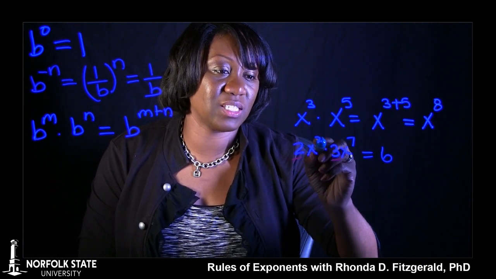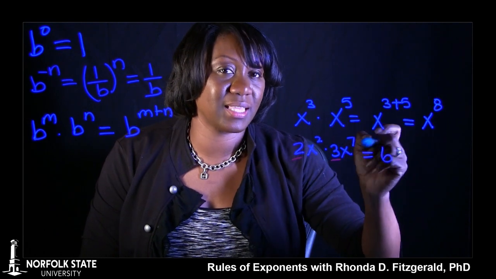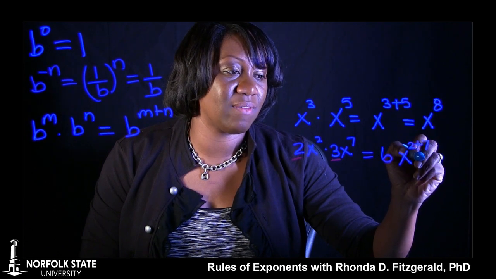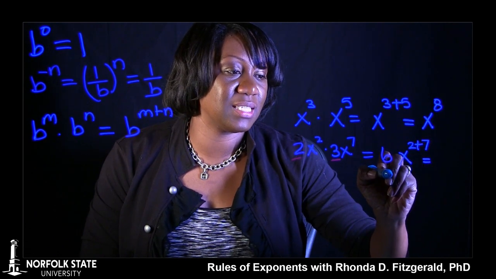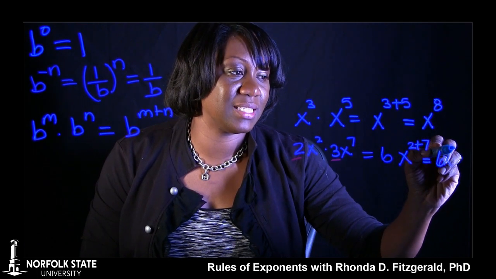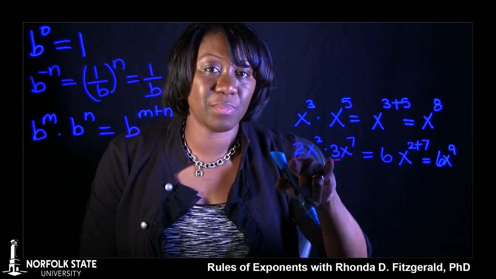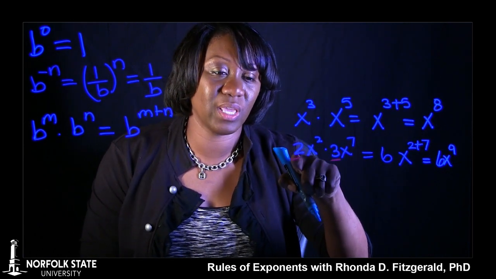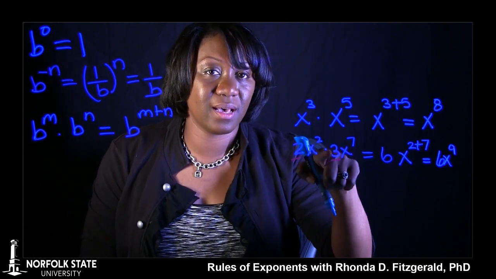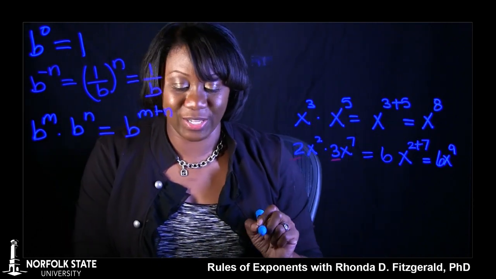Then we have x squared times x to the 7th, just like the step before, so x to the 2 plus 7. The final result is 6x to the 9th power. Notice the difference here: we had numbers in front of our variables, so we multiplied the numbers, the integers, and then we multiplied the variables.